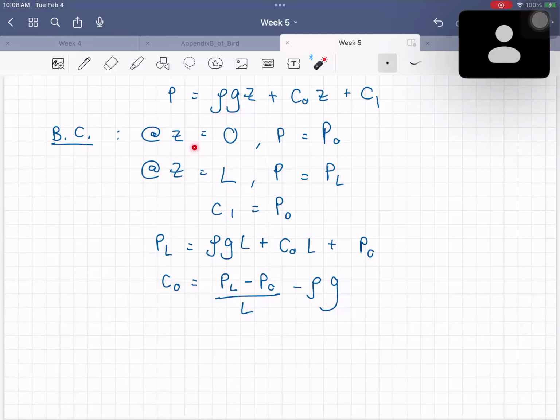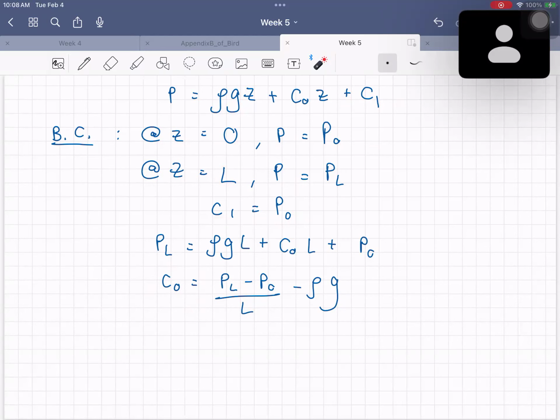So you start from the first boundary condition, substitute in the equation, okay? What you'll get is C1 equal to P0, right? And then apply the second boundary condition and solve it again to get C0, right?